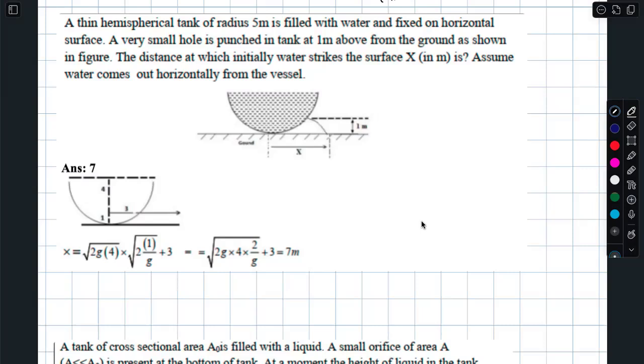Okay. See, please try to understand what is happening over here. This is a hemispherical tank, don't forget that. When you have a hole here, see, water comes normally actually like this.